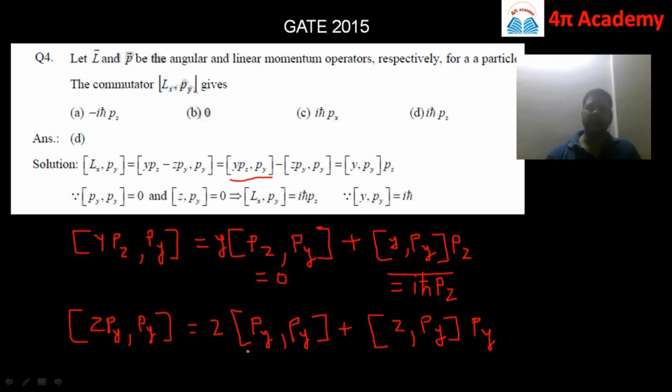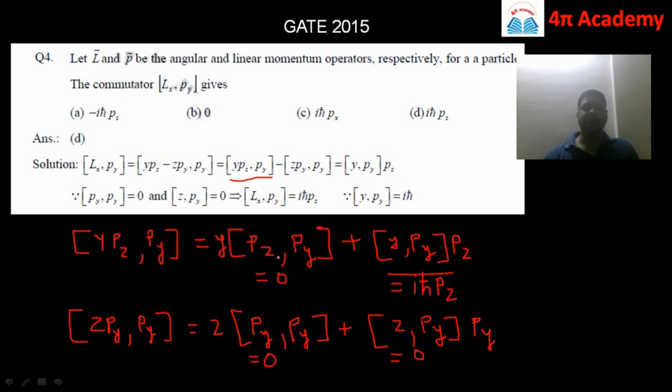We have also again seen the relation that commutation bracket of py with py is equal to 0, since the commutation of an operator with itself is 0. Here z is the component of position along the z direction and py is the component of momentum along the y direction, so they also commute with each other, and therefore this bracket is equal to 0.